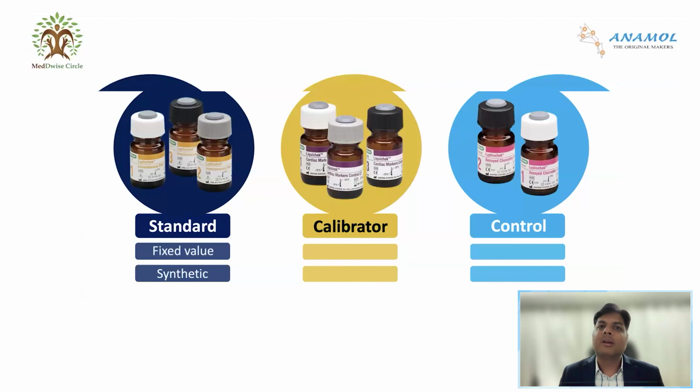Standard is a solution in which the value of the analyte is fixed, but this solution is synthetically prepared. Calibrator is a solution where the value of the analyte is fixed, but it is biological material. It is not synthetically prepared. Similarly, control is a solution in which the value of the analyte is not fixed. The value of the analyte is between a range, but it is a biological material.